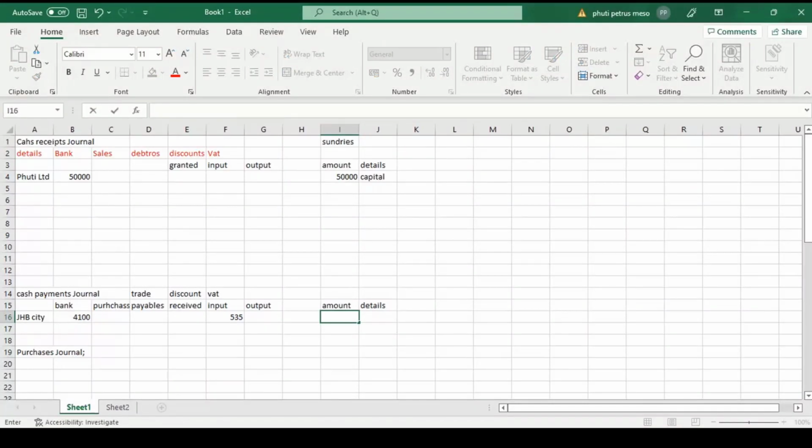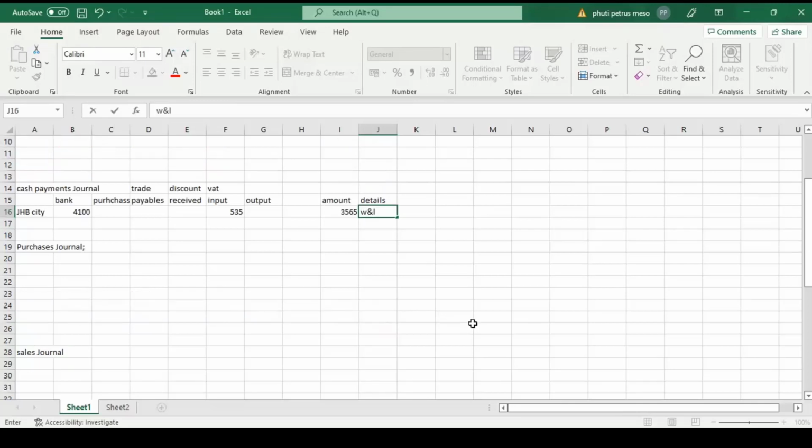How much is it? 3,565. Okay, this is the amount here. Remember, we don't have the column for the water and lights in here, so we bring it under Sundries, and then we're going to say water and electricity or lights. You can call it whatever you want. Okay, are we clear on this part?